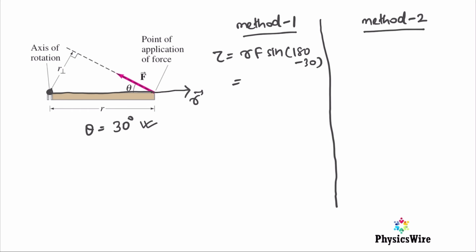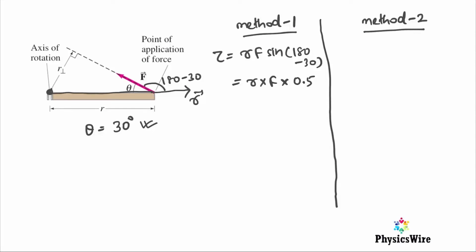So this is the R vector, and this angle is 180 minus 30. So it is R into F into sine of 180 minus 30 degrees. How much is sine 180 minus 30? It is half, so 0.5. So this is method 1. Let's keep R and F like this. We are not putting any values.